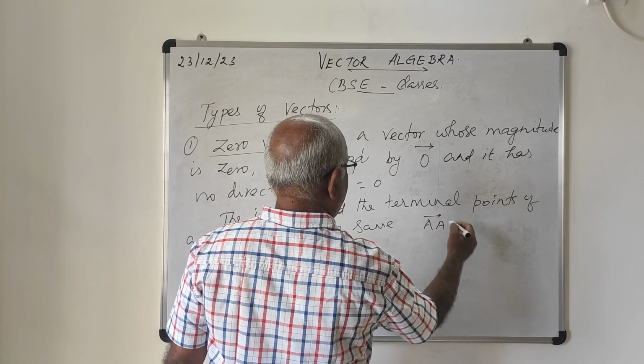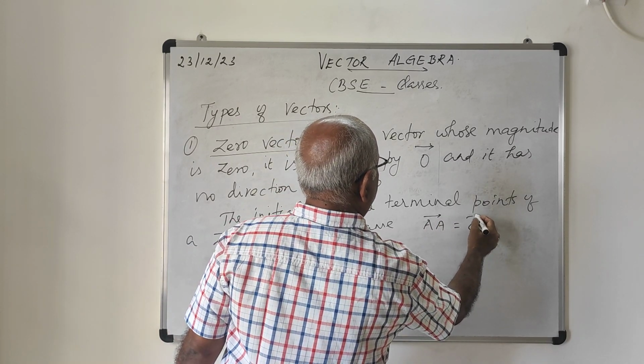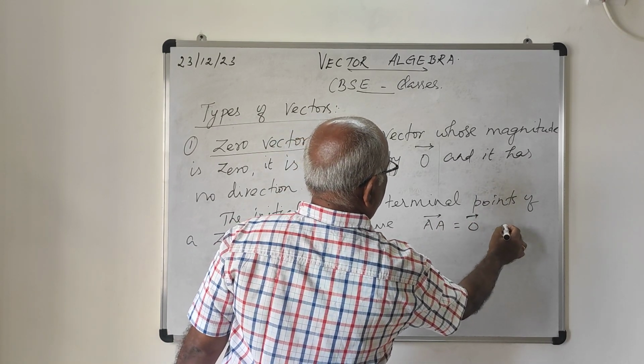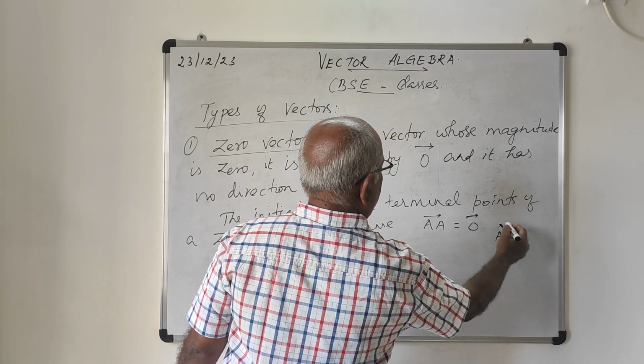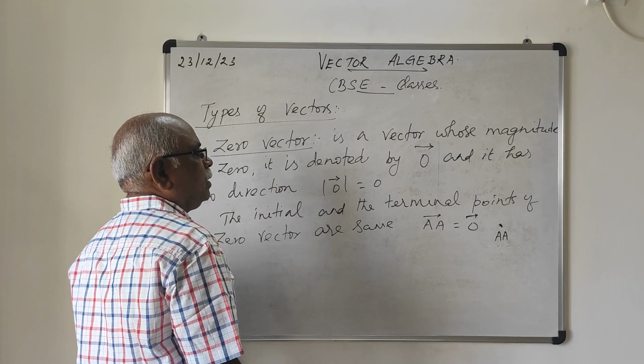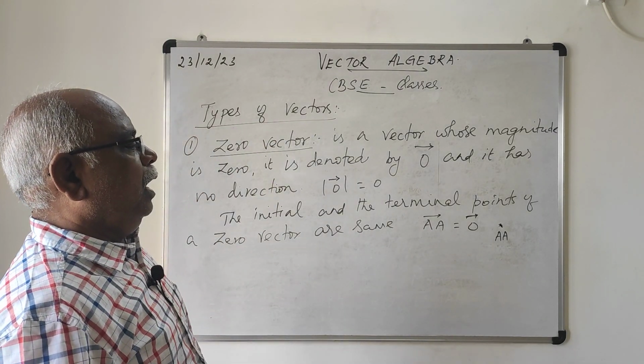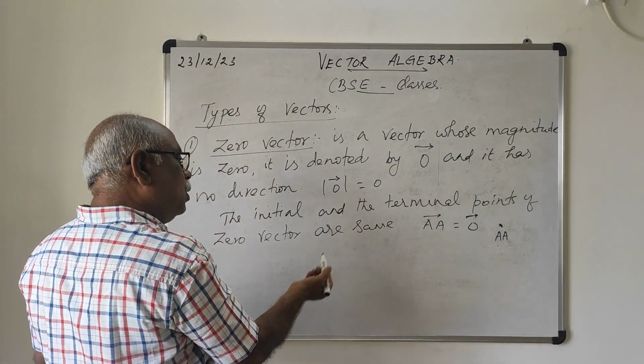AA, this is called zero vector. So this is the point, initial point A, terminal point A. Both are same. And also it has no direction.